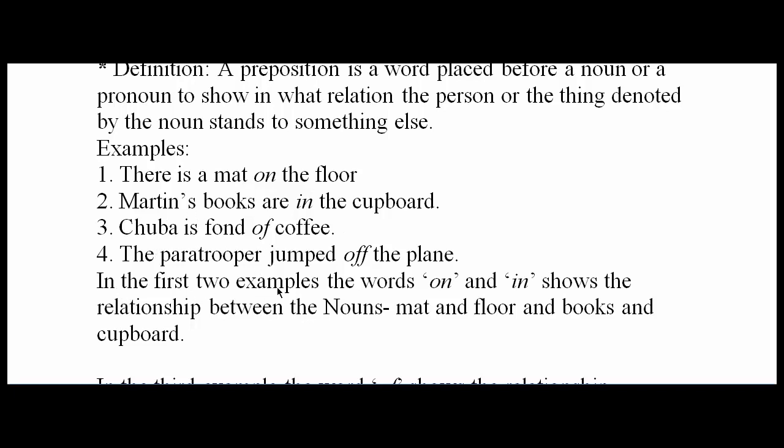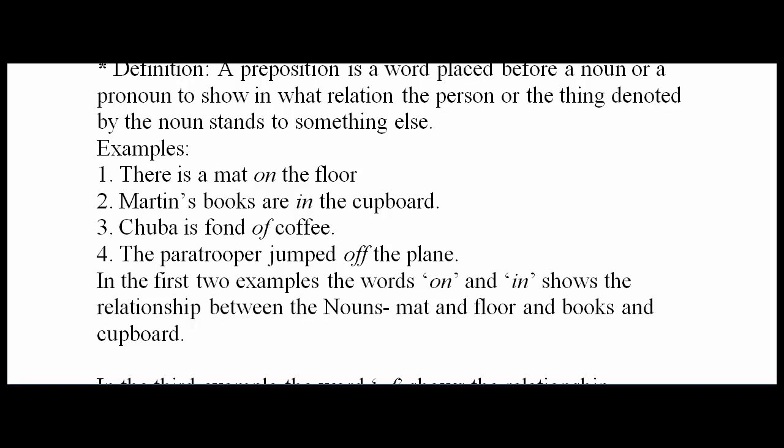In the first two examples, the words on and in, which are italicized, show the relationship between the nouns mat and floor, and books and cupboard. Mat, floor, books, cupboard, these are nouns.